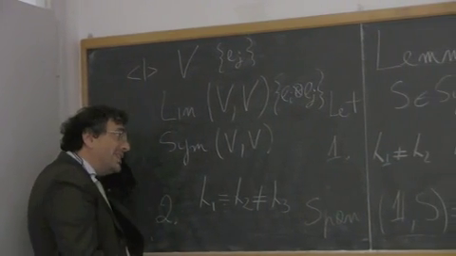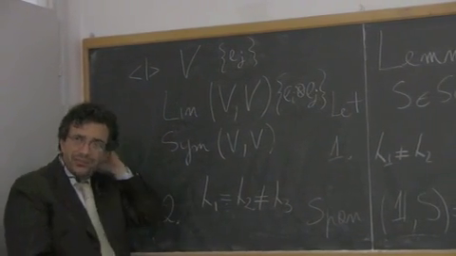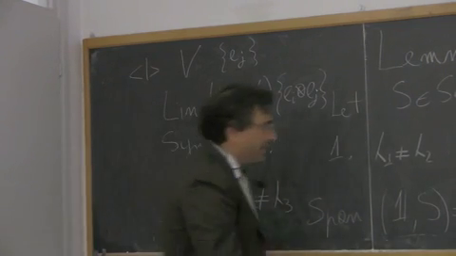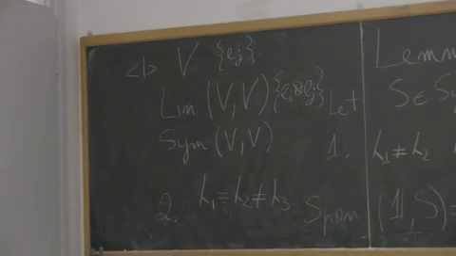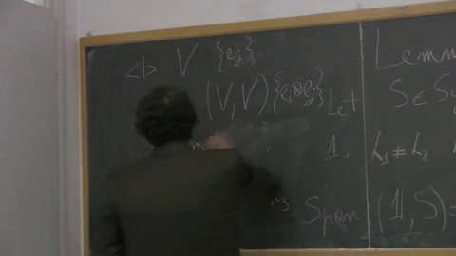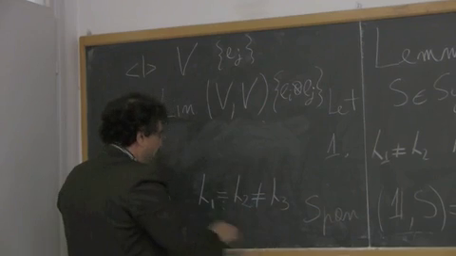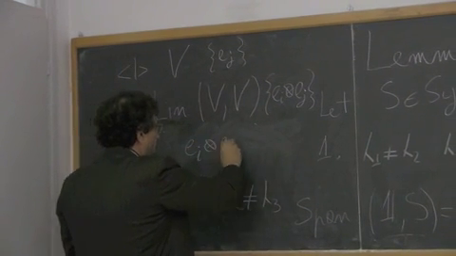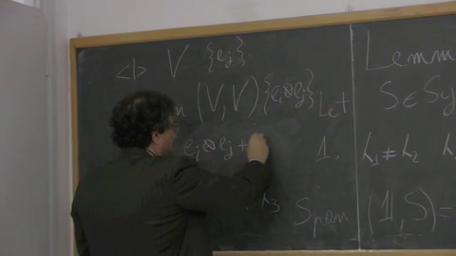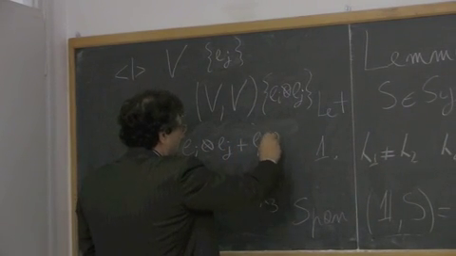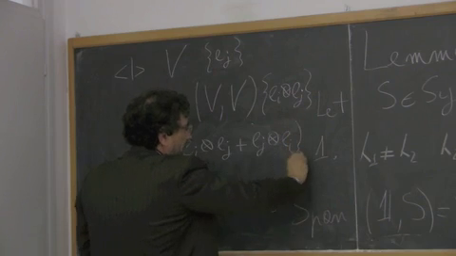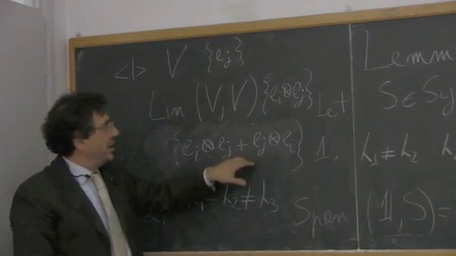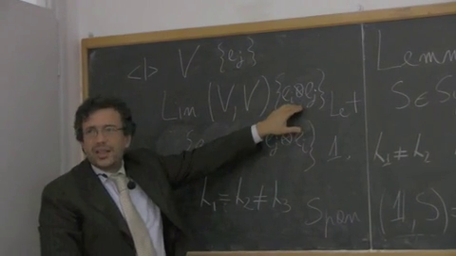When you deal with Sym(V,V), you discover that a basis of Sym(V,V), and you can try to do the calculations, which are very easy, is constituted by this set. This is trivially the symmetric part of the other animal.